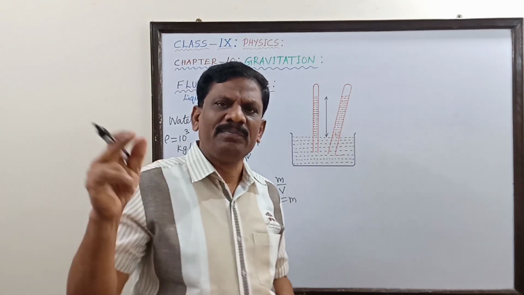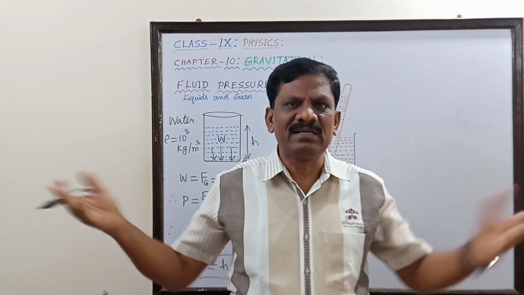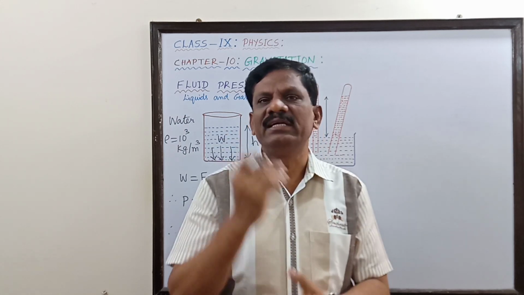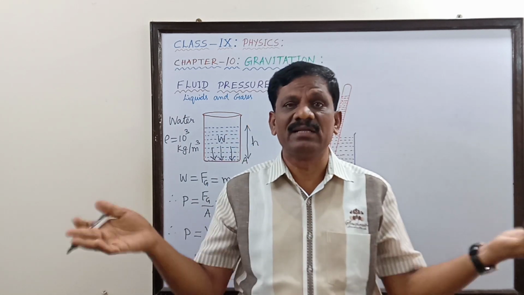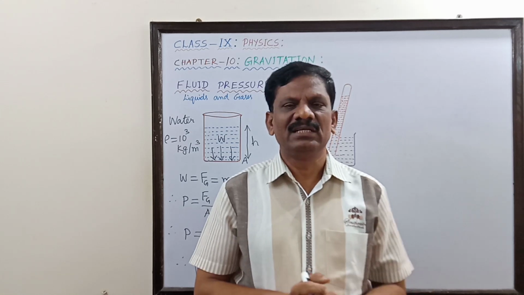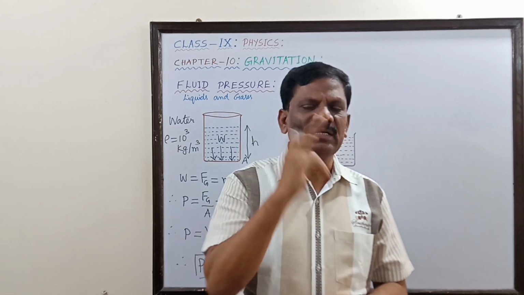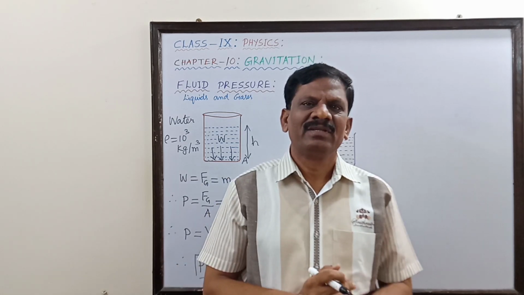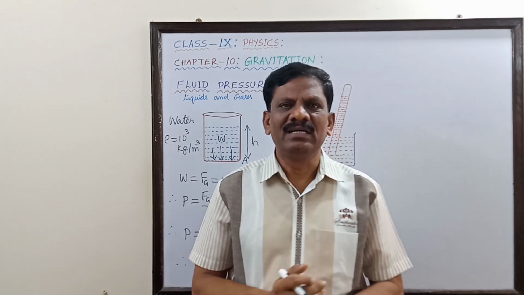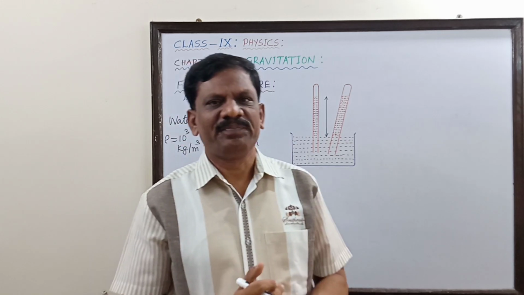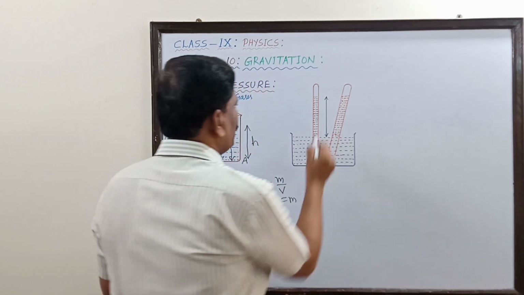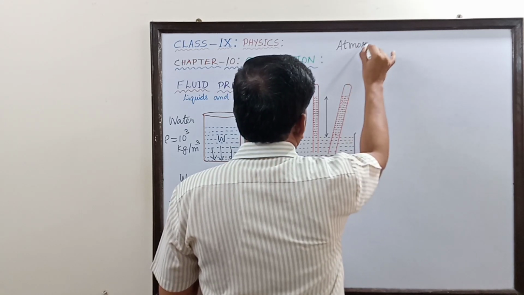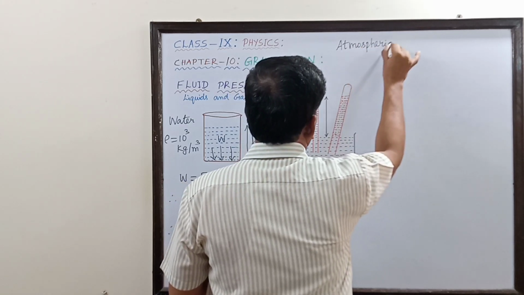Now, the air present in the atmosphere, the air surrounding us, has weight. With a balloon experiment, you must have studied in the lower classes and proved that air also has some weight. Now, does the air present in the atmosphere exert some pressure on all of us or not? Yes, sir. That is called atmospheric pressure. So what is meant by atmospheric pressure?